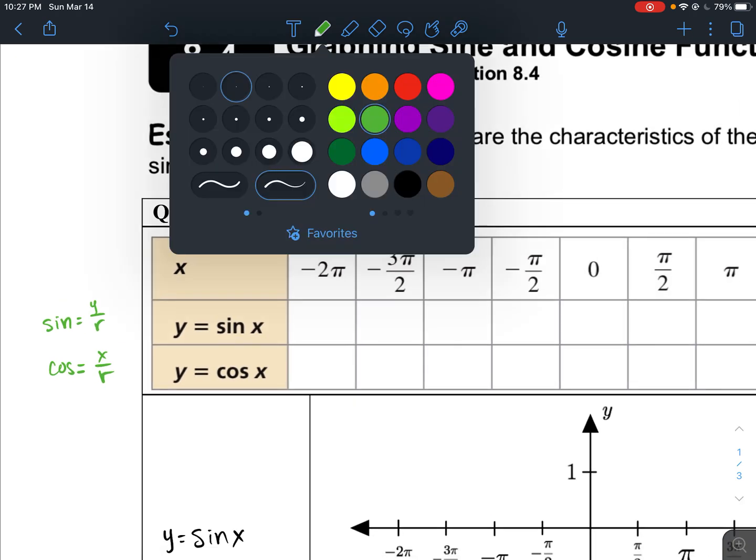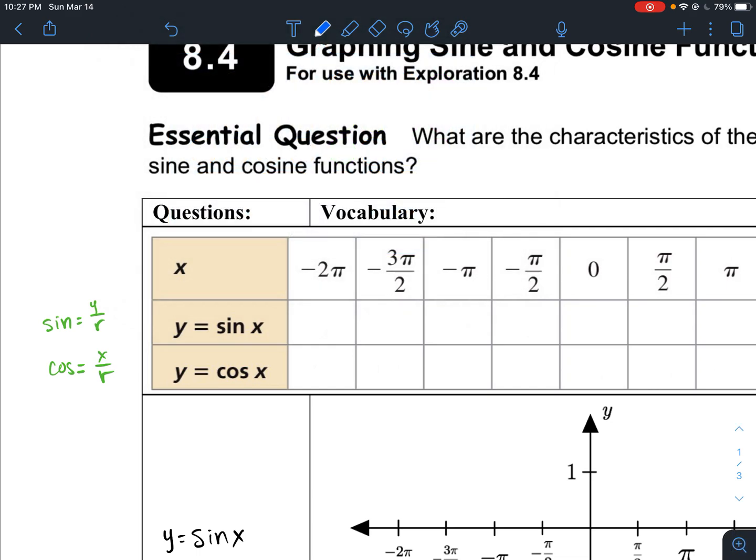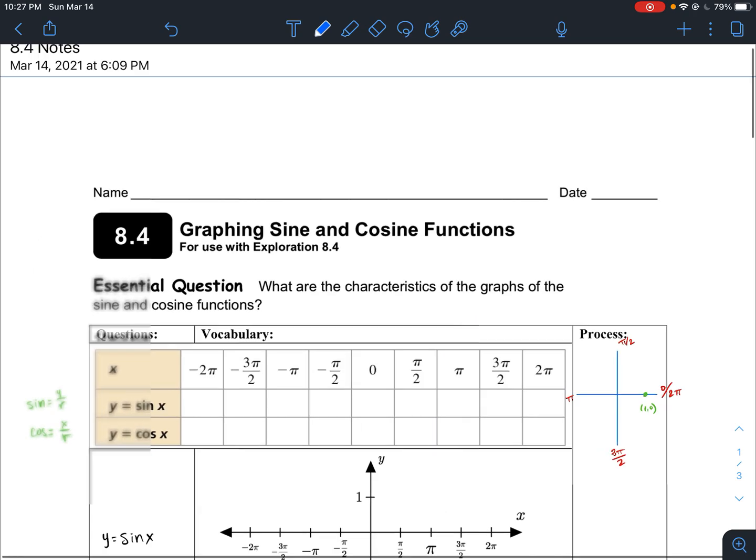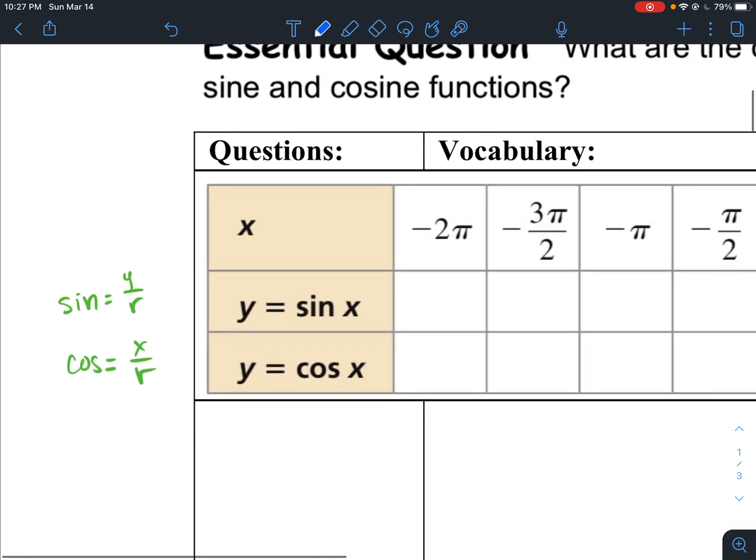So let's remember that. If my y here is 0, that means sine of negative 2 pi is going to be 0 over 1, which is 0. So when x is negative 2 pi, my function is at 0.